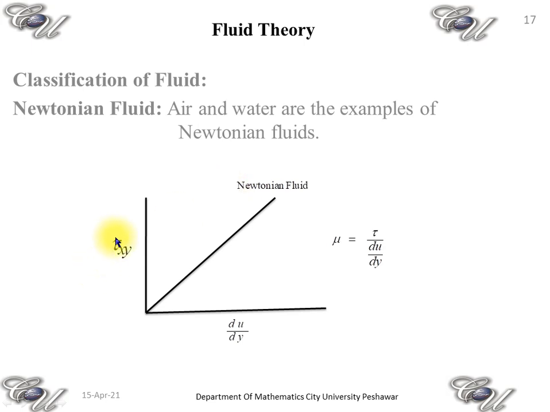Just like I have shown, mu is equal to tau over du by dy, and I have sketched the graph, stress versus deformation. When we apply force, deformation occurs. Look at this deformation, it is a straight line, a linear function.